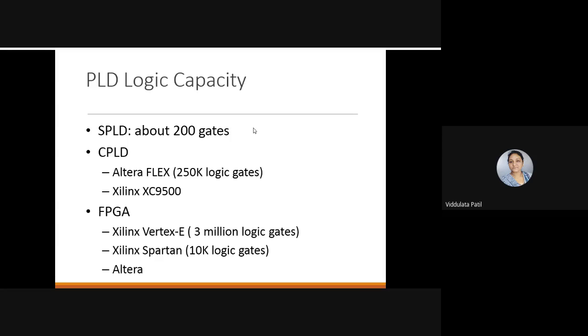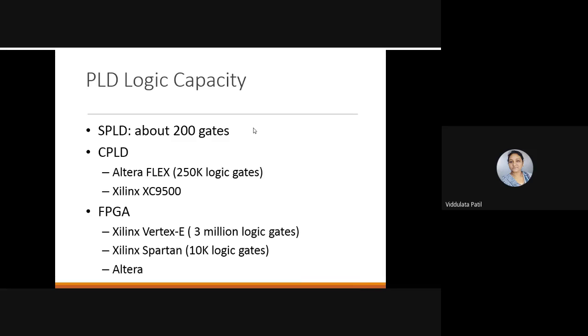As for PLD logic capacity, if you are going for SPLD, they will have up to near about 200 gates in a single IC. If you are going for CPLD, the complex programmable logic devices, then there may be near about 250,000 logic gates in one IC.